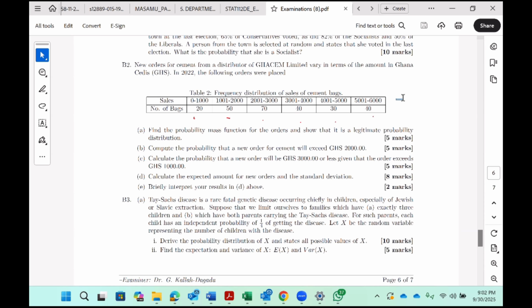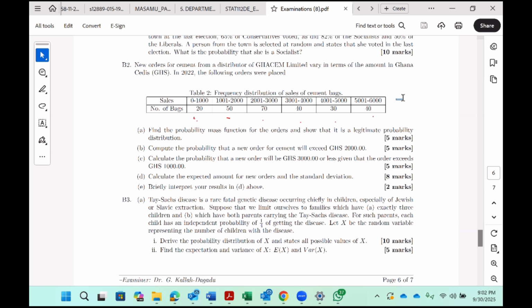Then you divide 20 by the total, 50 by the total, 70 by the total, 40 by the total, 30 by the total, and 40 by the total. So the fractions you get become your probabilities.